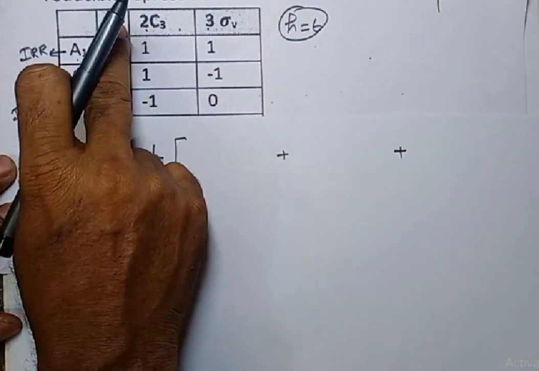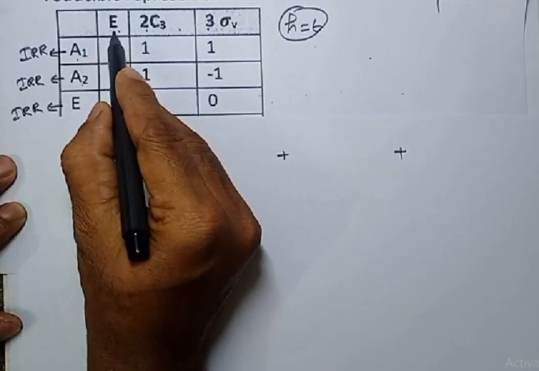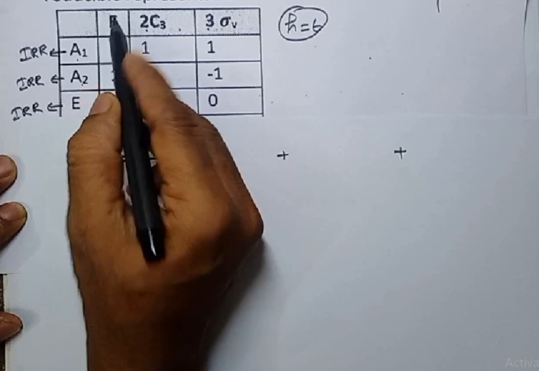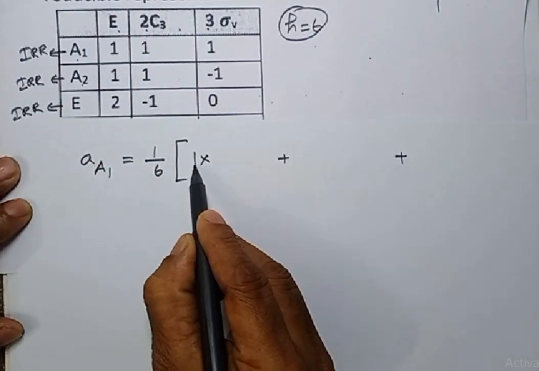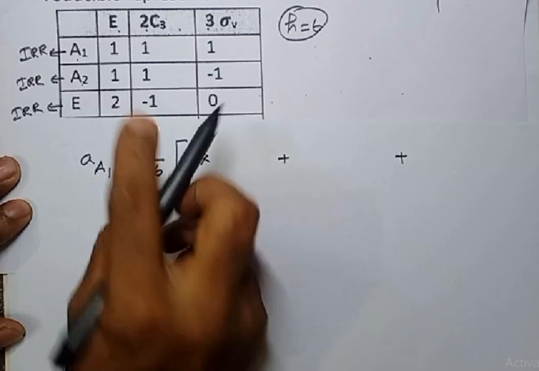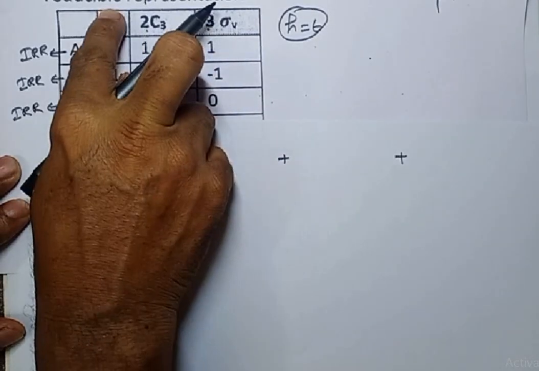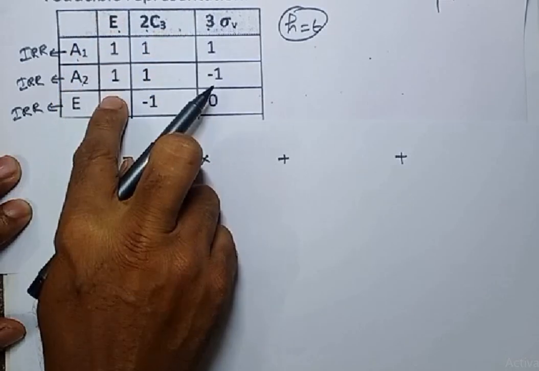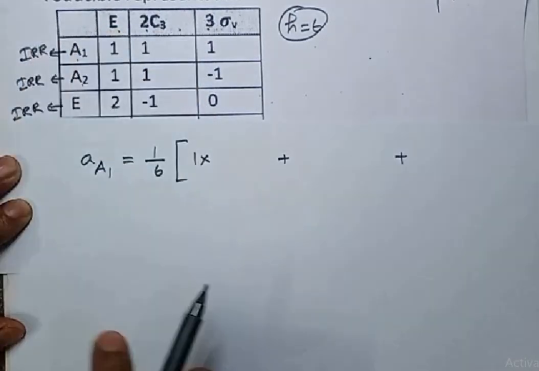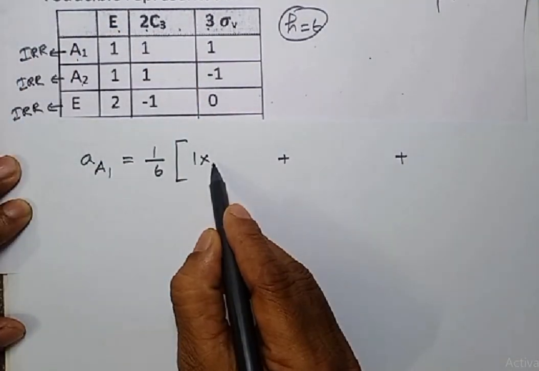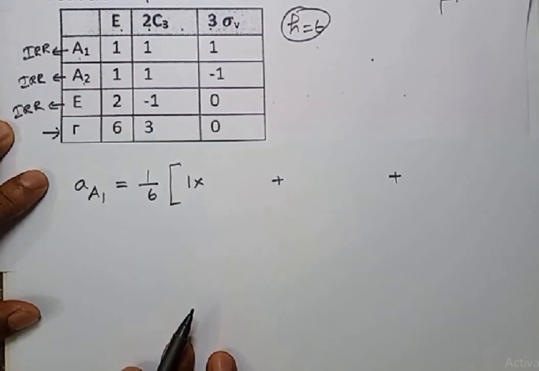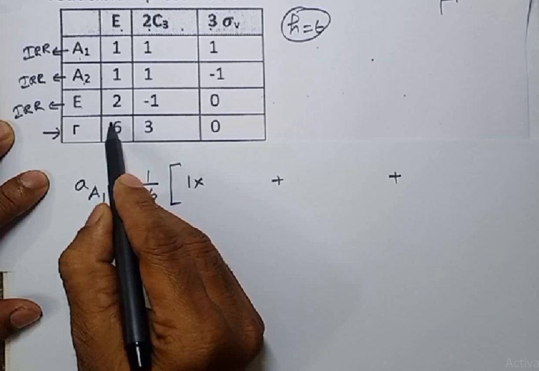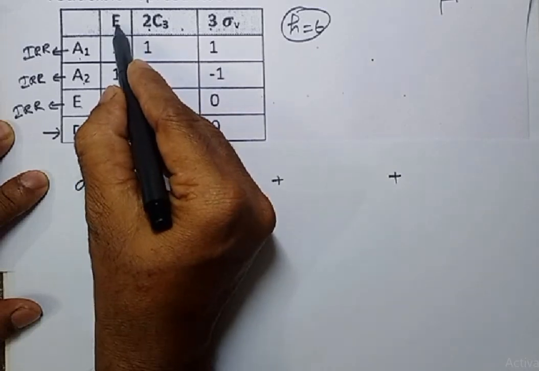First, I'll take class 1. In class 1, we have only one operation, the identity operation. This is n_R, the number of operations in the class R. So in this first class, I have only one operation, into the character of the reducible representation along class 1.